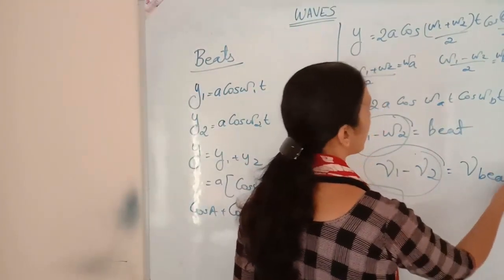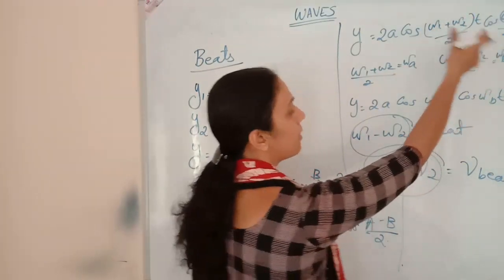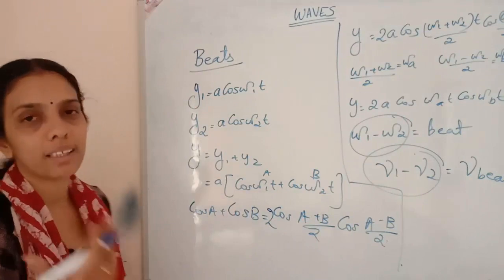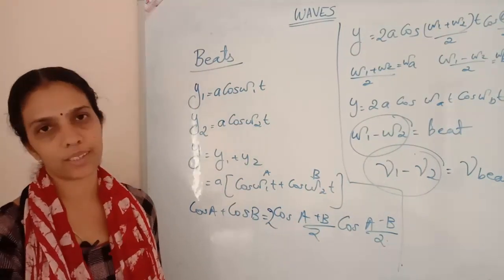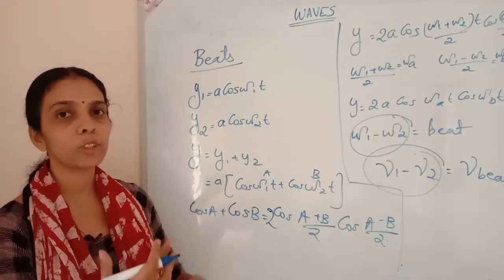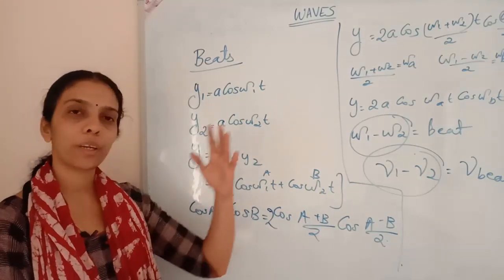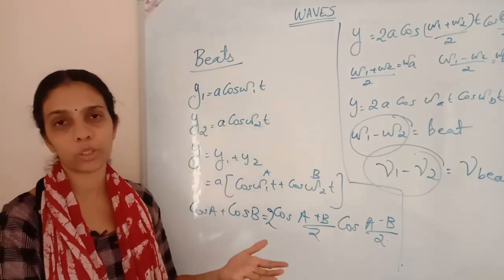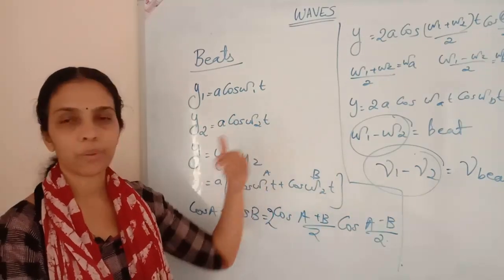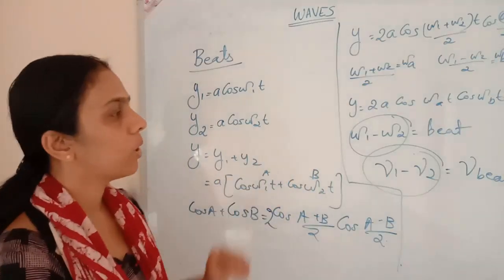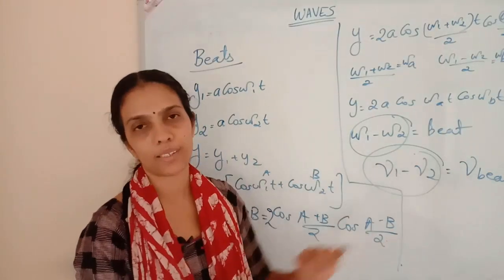So the extra frequency wave along with the superposed wave is called the beat frequency. We are trying to reduce omega 1 minus omega 2; the more it reduces, the better, so the beat frequency will be very, very less. So nu 1 minus nu 2 is called the beat frequency.